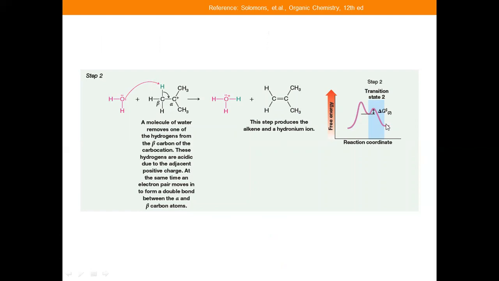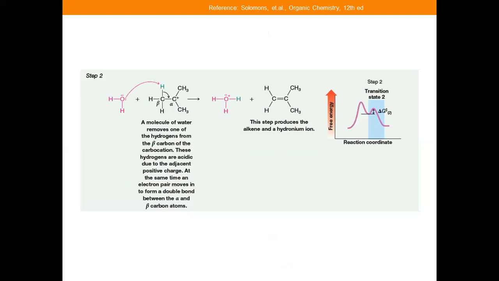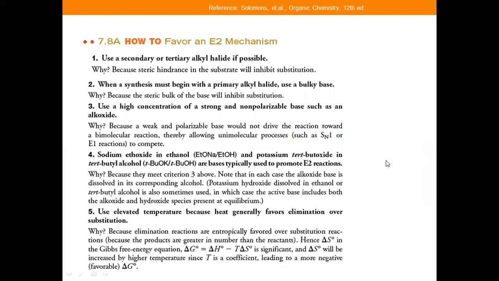The one that I've shown earlier in the previous slide, from the 11th edition, they actually showed three curves in the reaction free energy reaction coordinate diagram. Since here we only get two steps, you get only two curves because you only get two transition states.